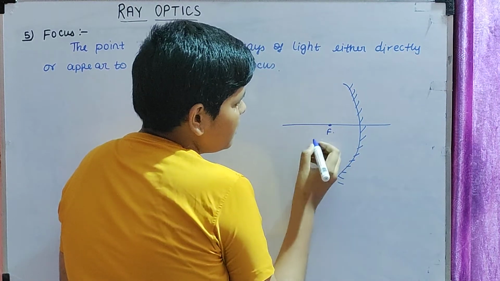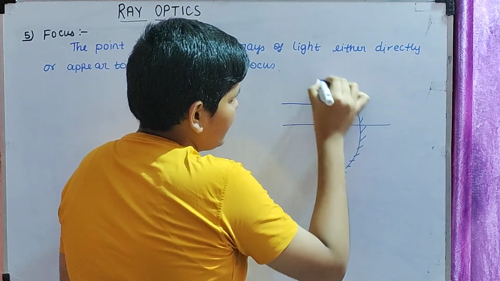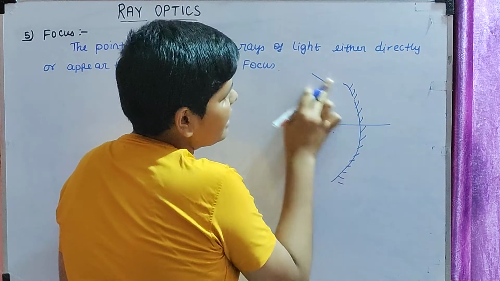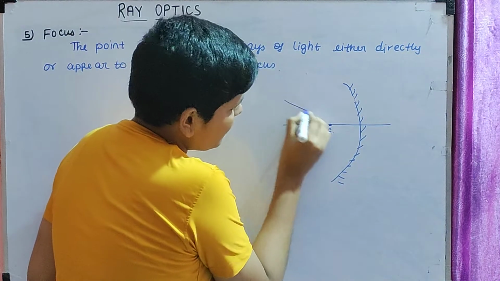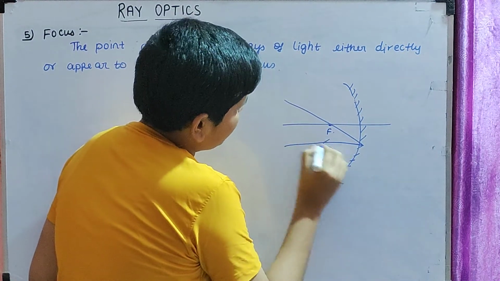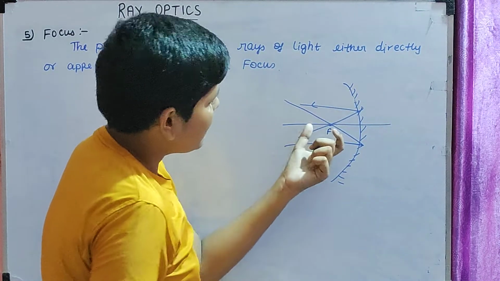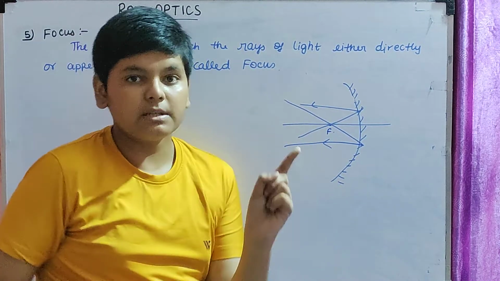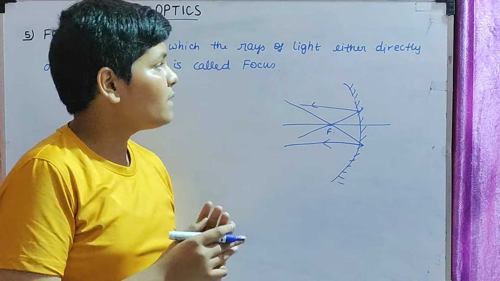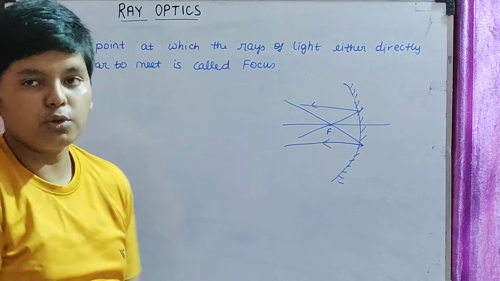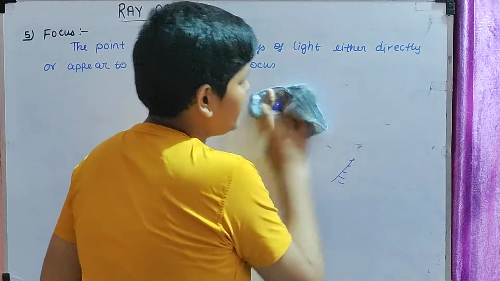Okay. So when a ray of light is going like this, so actually if we are taking a case of a concave, then all the rays of light actually pass from the concave focus only, like this. So the focus is the point at which the image can be drawn. Like this point is very important point because there only they either meet or appear to meet. So this is directly meeting, but where do they appear to meet?